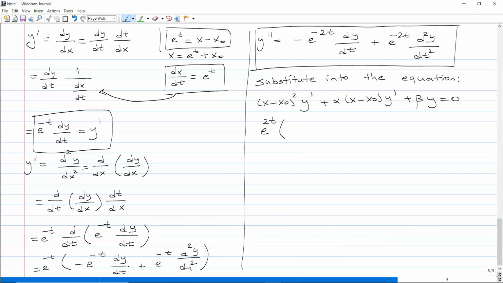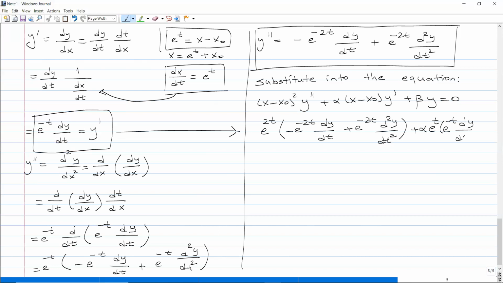And y double prime from above is minus e to the minus 2t dy dt plus e to the minus 2t, second derivative of y with respect to t, plus alpha, x minus x0 is e to the t, and y prime from the side is e to the minus t dy dt, plus beta y equal to 0.